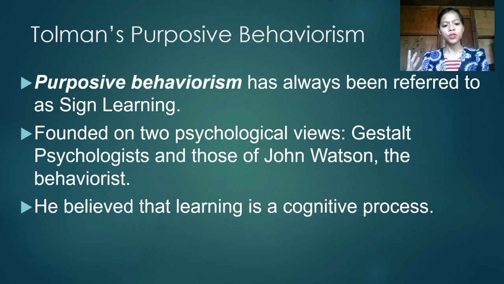Tolman's theory was founded on two psychological views, those of the Gestalt psychologists and those of John Watson, the behaviorist. Also, Tolman believed that learning is a cognitive process. Learning involved forming beliefs and obtaining knowledge about the environment, and then revealing the knowledge through purposeful and goal-directed behavior.